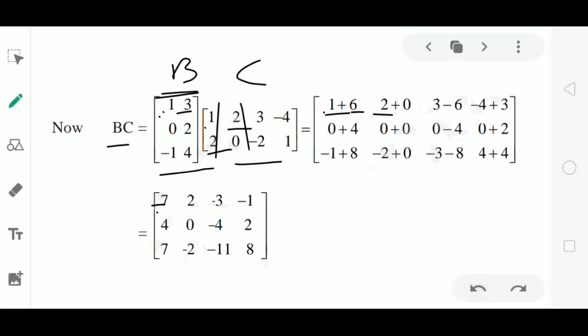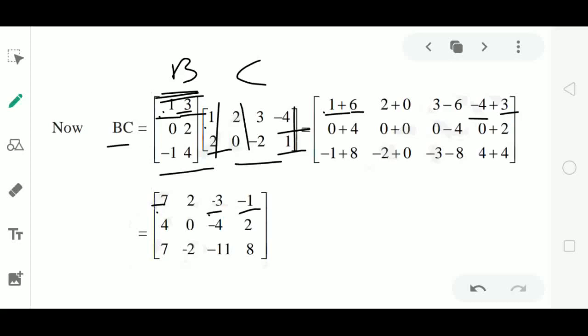Next, first row, third column. 1 into 3 is 3, 3 into minus 2 is minus 6, 3 minus 6 is minus 3. Next, first row, fourth column. 1 into minus 4 is minus 4, 3 into 1 is 3, minus 4 plus 3 is minus 1.